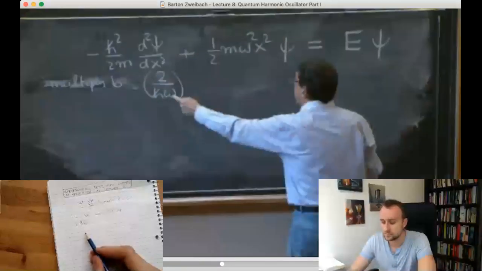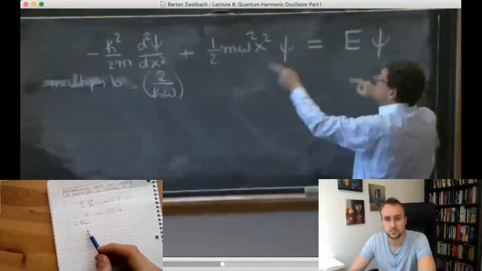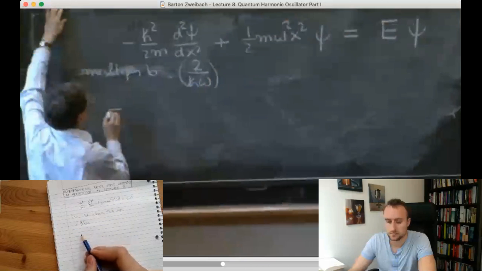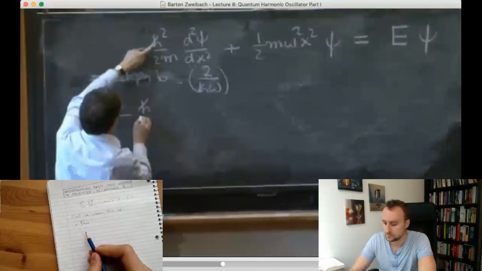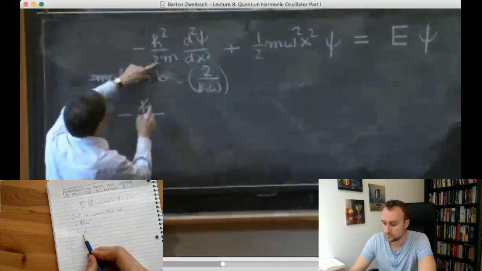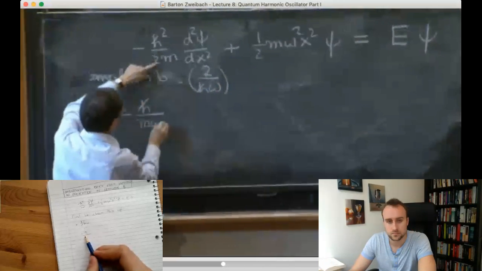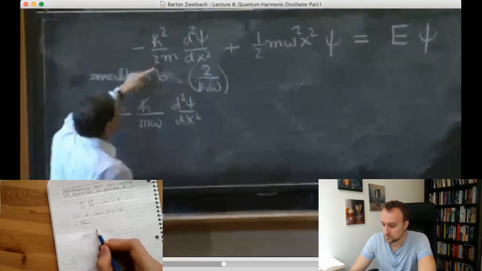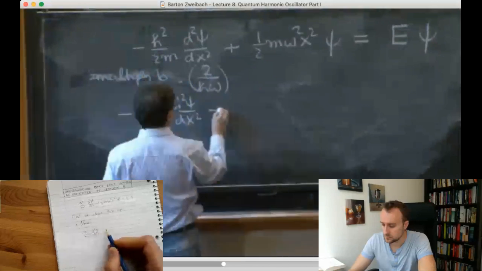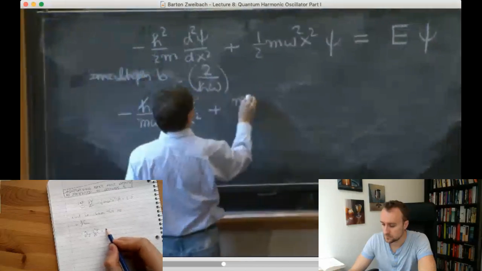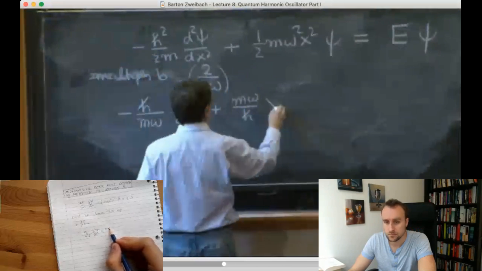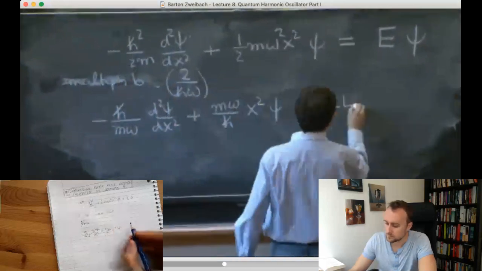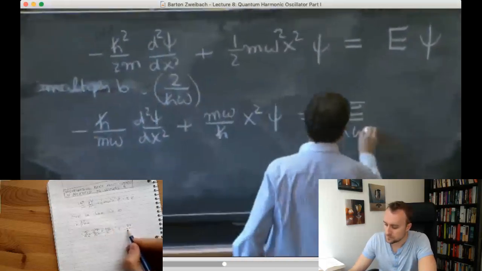But in the left-hand side, this has units of energy, and the right-hand side will not have units of energy. So what do we get here? We get minus h bar over m omega, the second derivative of psi, plus, the 1/2 disappears, so m omega over h bar x squared psi equals 2E over h bar omega psi.